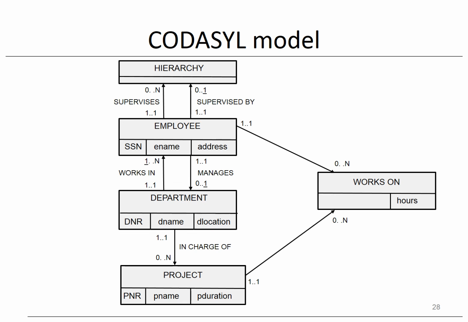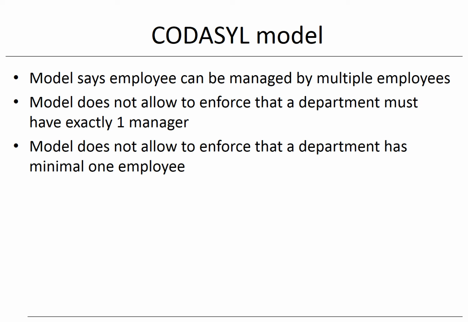Here you can see the cardinalities as we ideally would like them to be. The underlined cardinalities cannot be enforced by the CODASYL model. Again, our CODASYL model has some important shortcomings to note.